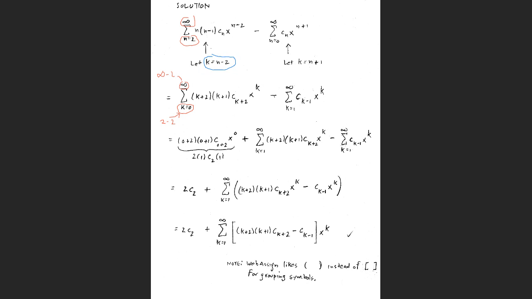The terms in the power series that were functions of n are now all going to be functions of k. So c sub n would be c sub k plus 2, because if k equals n plus 2, then k plus 2 would have to equal n. And that's how we get the k plus 2 here for the n. N minus 1, since n is k plus 2, would just be k plus 1.